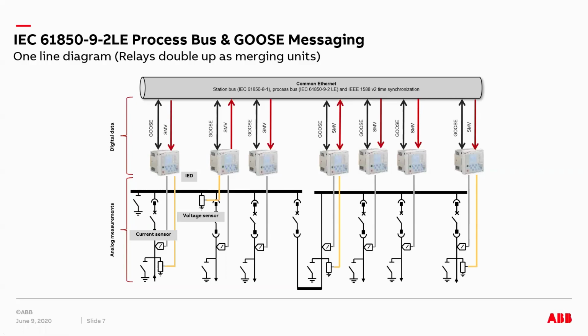In this case, this device is a protection relay, and at the same time it also acts as a merging unit, which means it converts the voltage signal and publishes it out as a sampled value. So the relay doubles up as a merging unit, which makes a very efficient design.